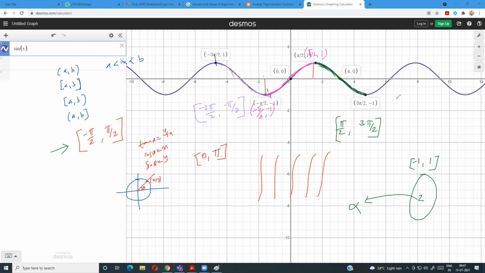Yes, of course. और आप इधर से फिर से 3 pi by 2 से this particular point which is here, 5 pi by 2 तक. You got it? और 5 pi by 2 से लेके 7 pi by 2 तक.